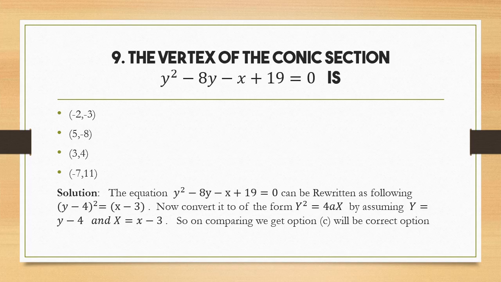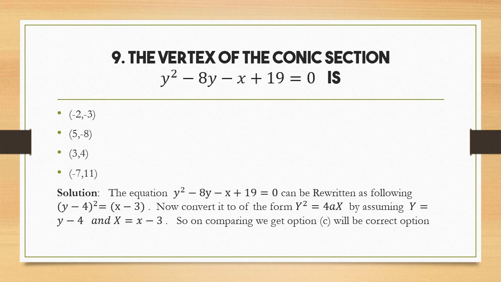You just need to take interest in this completing the square. Just now I solved a question of completing the square where I did it for both y and x, but here there is no square term of x. So don't target x, keep x as it is, and just focus on y square minus 8y. You will get y minus 4 the whole square equal to x minus 3.